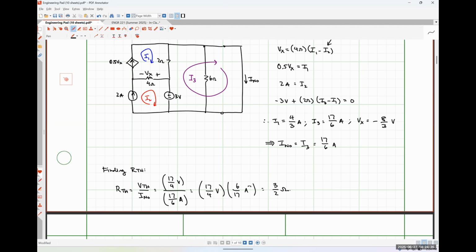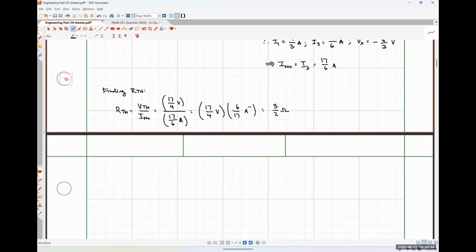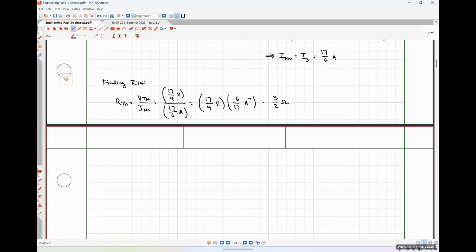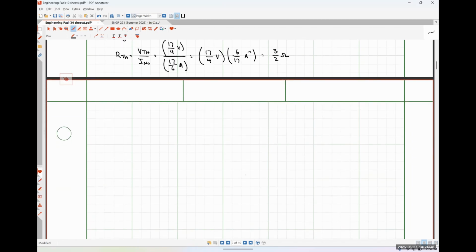So what if we wanted to find the Thevenin resistance of this circuit directly? Okay. So when we were looking at problems on Wednesday, there were no dependent sources, and so we just had resistor combination problems. With these dependent sources in, that's going to be messed up a little bit, okay?